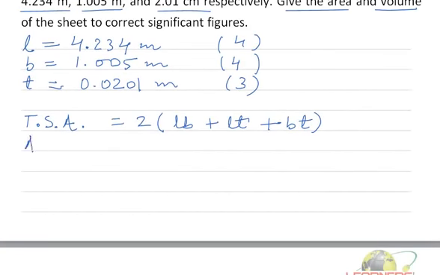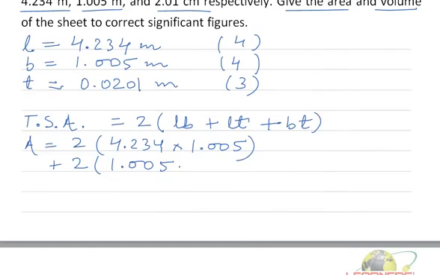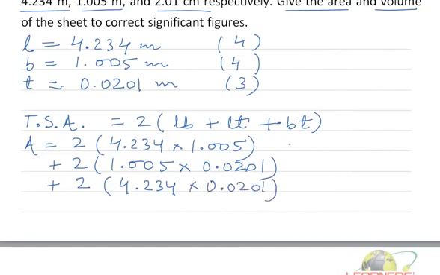So the total surface area, or let's say the area is A, will be 2 times length, 4.234 into 1.005, plus 2 times 1.005 into 0.0201, plus 2 times 4.234 into 0.0201.